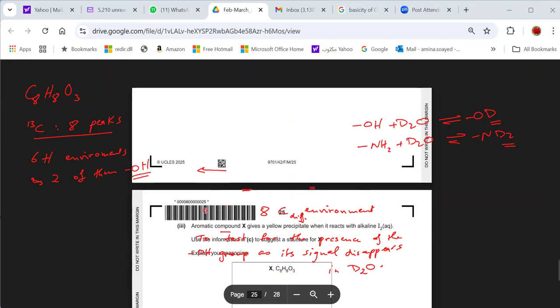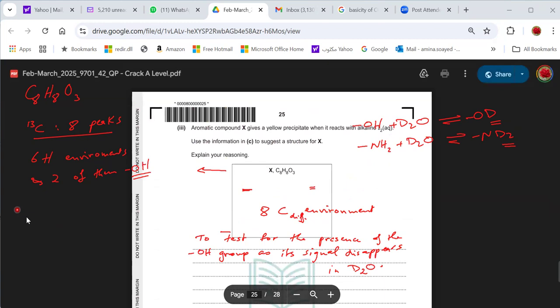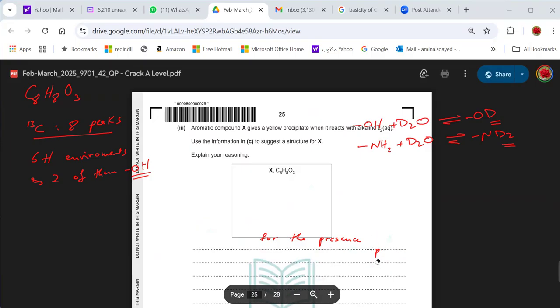Okay. Now they said that aromatic compound X gives a yellow precipitate when it reacts with alkaline I2.